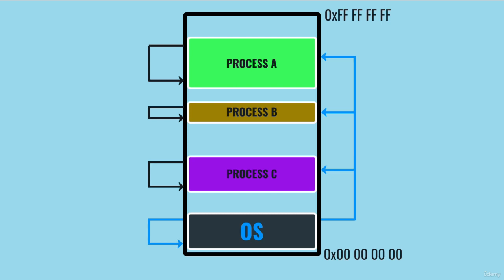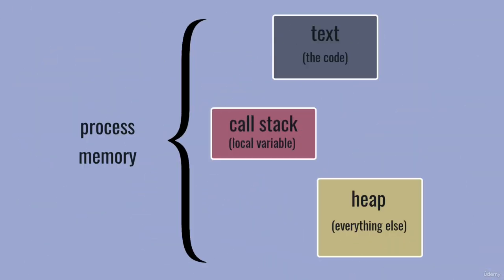Now, to understand how the CPU knows which addresses are allowed for each process, we have to first look at how a process uses memory. Each process uses a portion of its memory for a stack, for a heap, and for storing the process's code itself in a section confusingly called the text section, even though the code is in binary form.